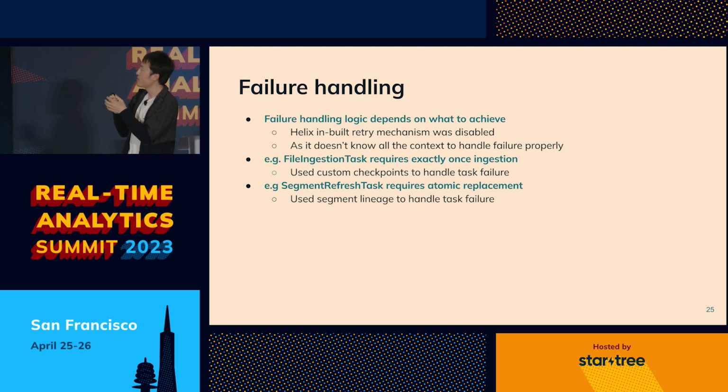All this context is available only to the generator, and that's why we have the generator handle the failures. If we just rely on the retry mechanism provided by the Helix task framework, there are some corner cases not able to be handled very well.